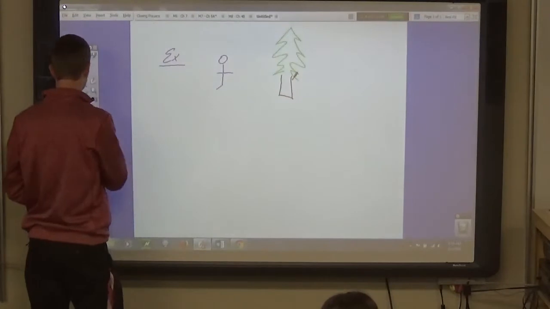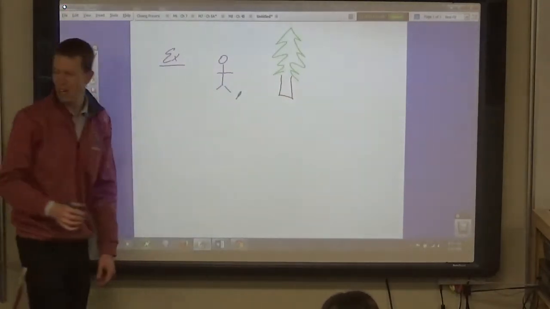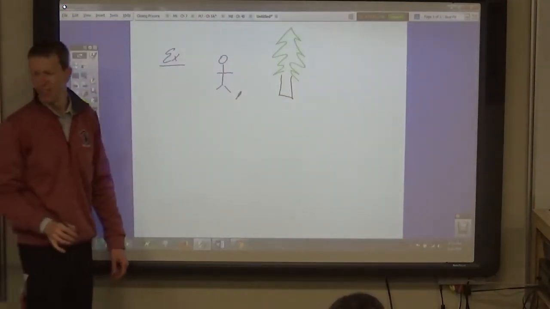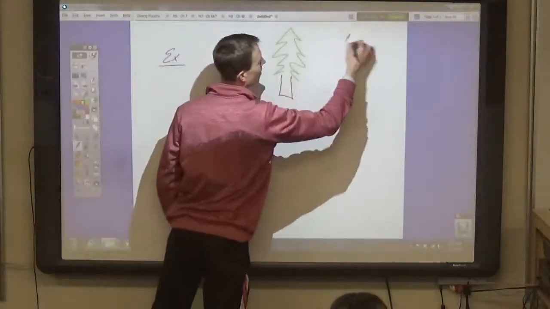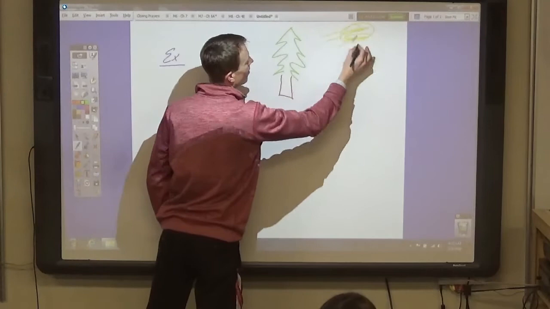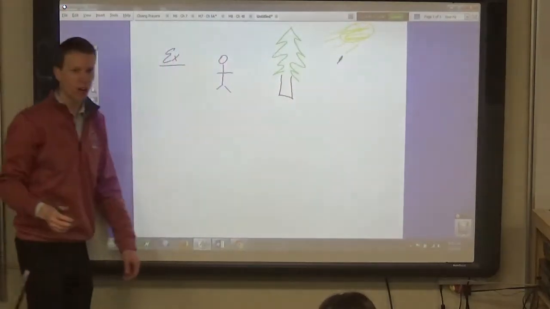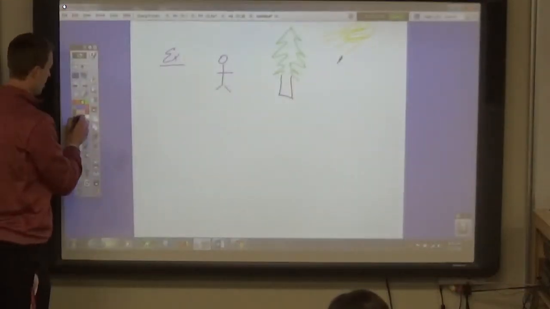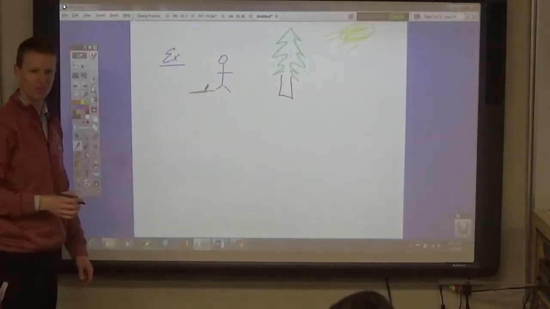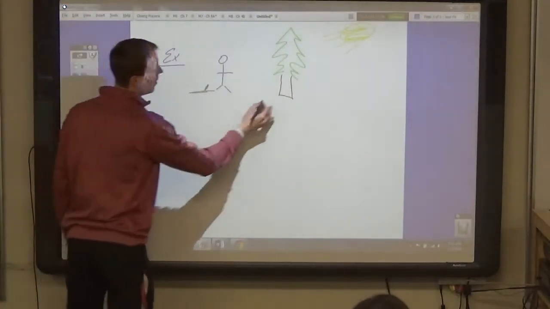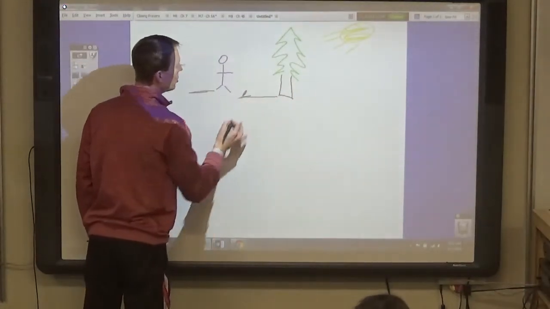The sun is shining over here, and it's casting a shadow. This shadow and this shadow.